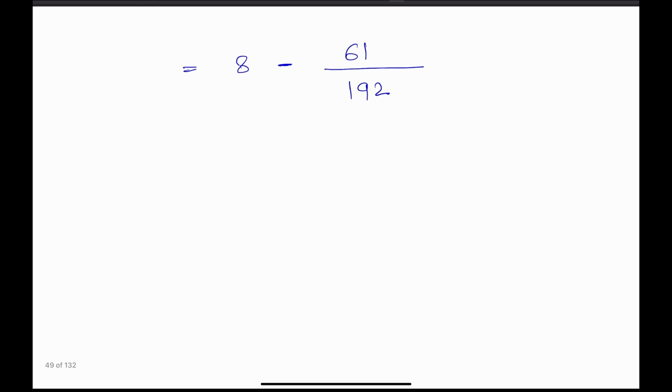If we do the approximation, 61 into 3 is 183.